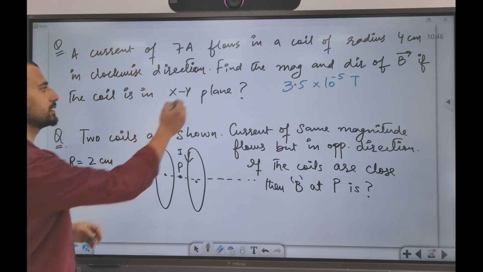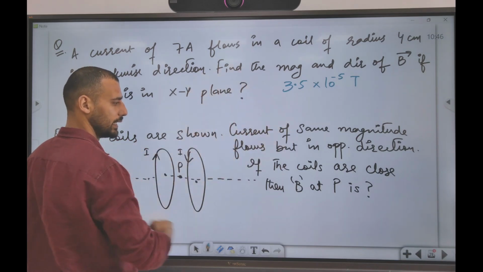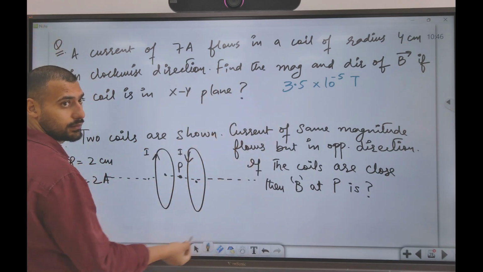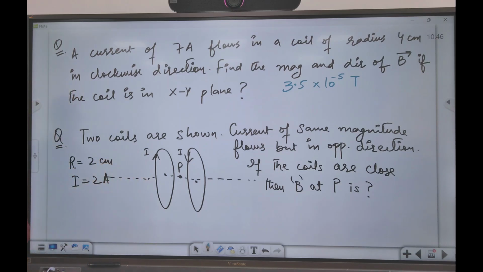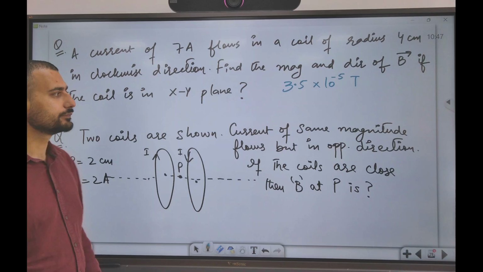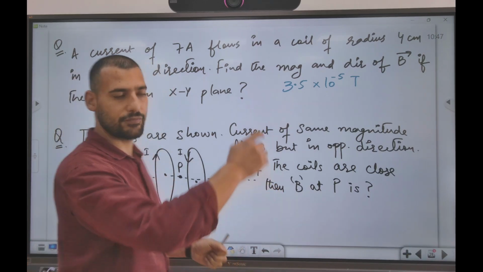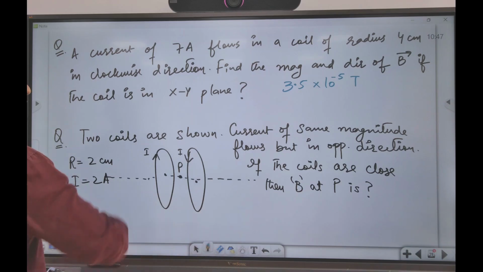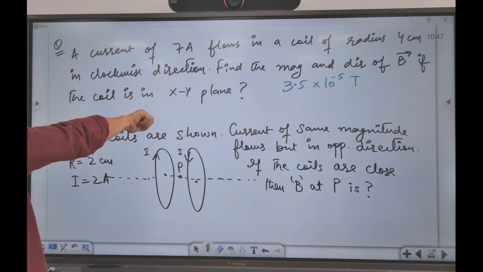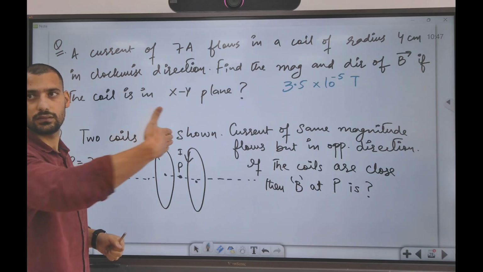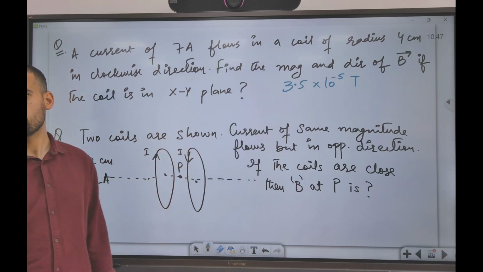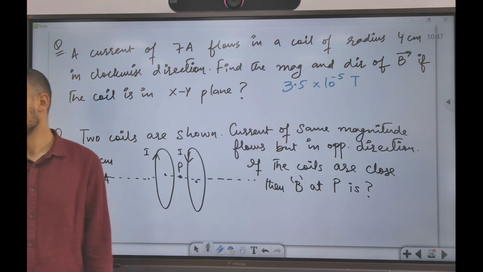This is the coil, in X and Y plane. Inwards means it will be along which axis? Z axis. Isn't it? When you place, say for example, there is a coil, this is the coil. The magnetic field is in, so it is along which axis? The Z axis. Isn't it?